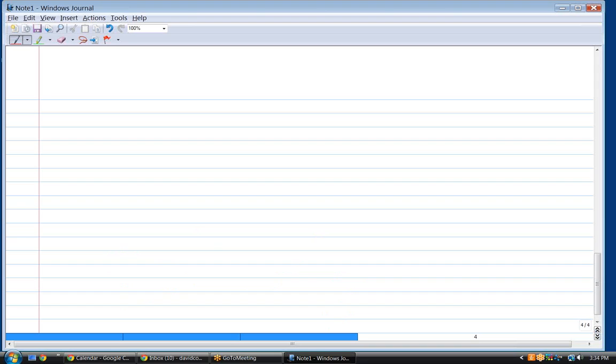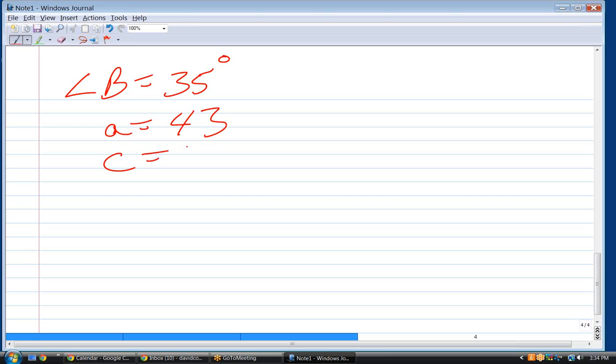This one solves a triangle, and its angle B equals 35 degrees. Side A is 43, and side C is 19.